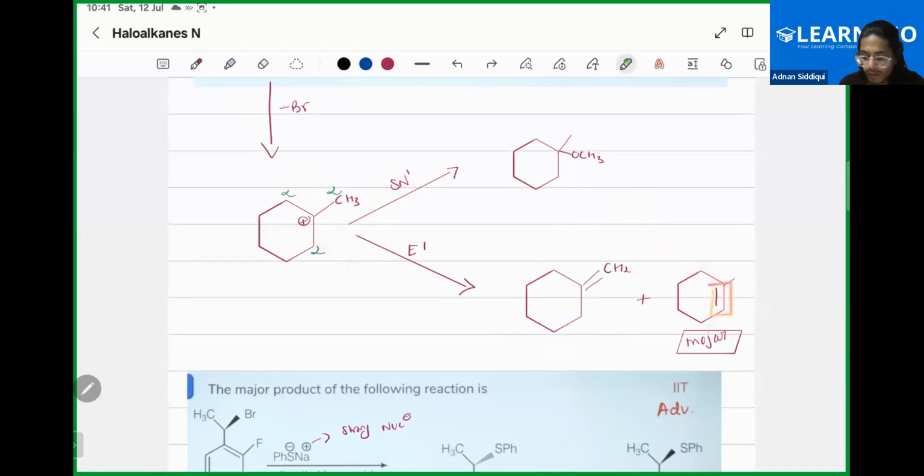If you talk in terms of hyperconjugation, for this we have two alpha sites, and here we have two hydrogens. Here we have again two hydrogens. Total four alpha hydrogens. But here what we are observing, this is CH3. This is two hydrogen. This is two hydrogen. So how many alpha hydrogens do we have here?